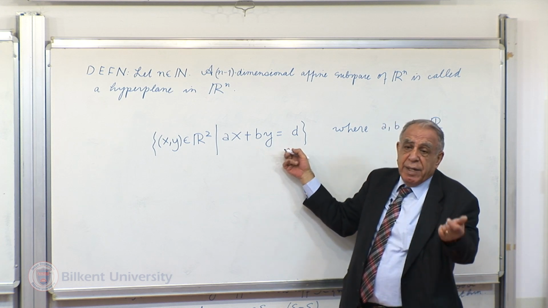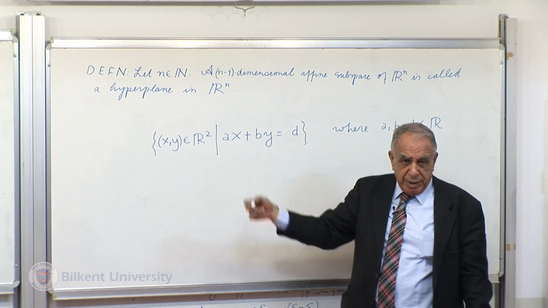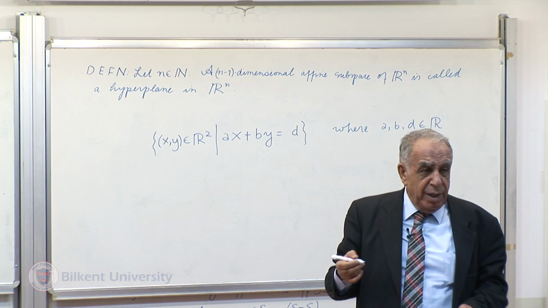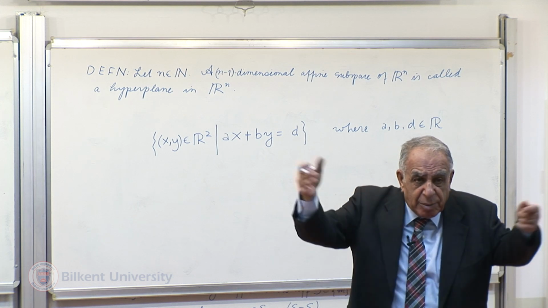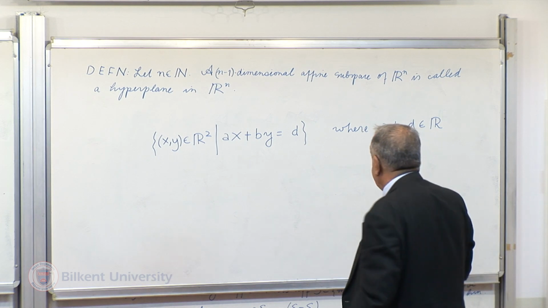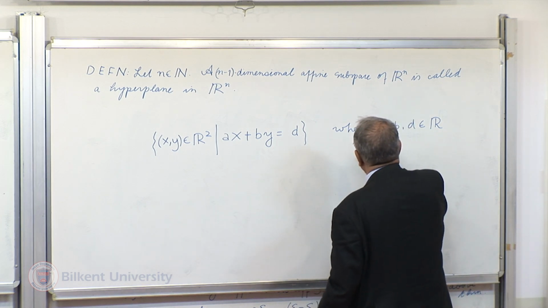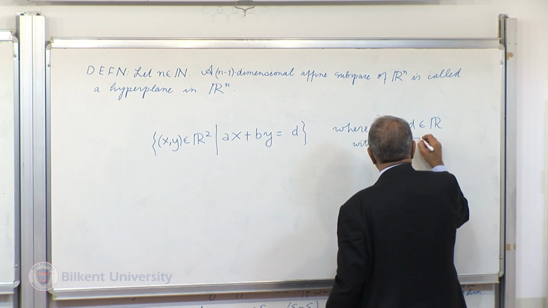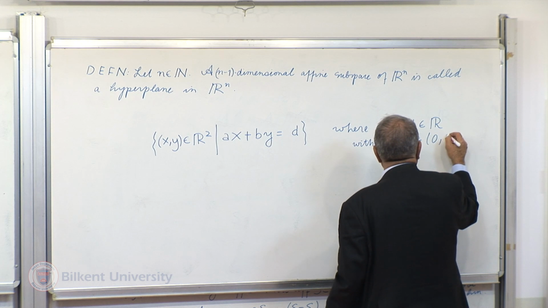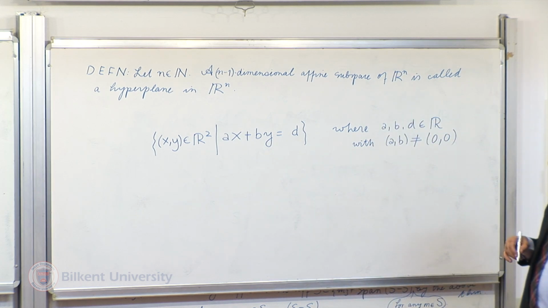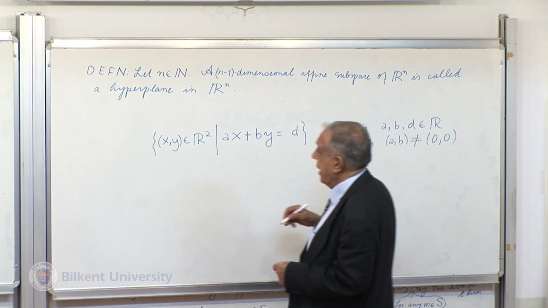If d is different than 0, this will represent the empty set. If d is equal to 0, this will represent the entire plane R2, but not a line. With a, b different than 0, 0, line.